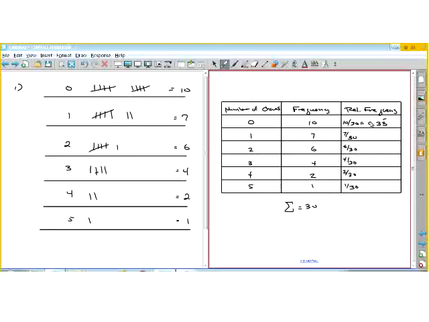So this is going to be 10 over 30, 0.33. Okay, so now we get the calculator out, which I have somewhere around here.